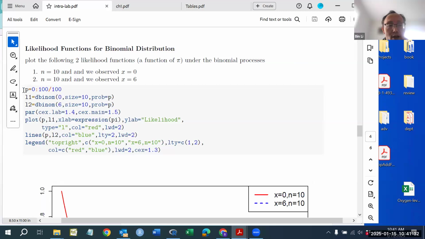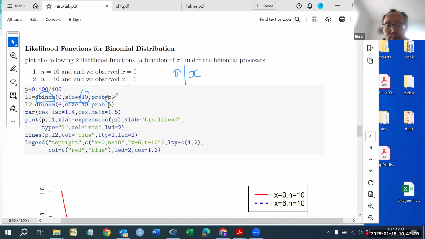As I said, the likelihood function is a function of pi, given what we observed. Here the binom function shows the density function for the binomial, so this gives the probability. Here size is 10, which means we have 10 trials.